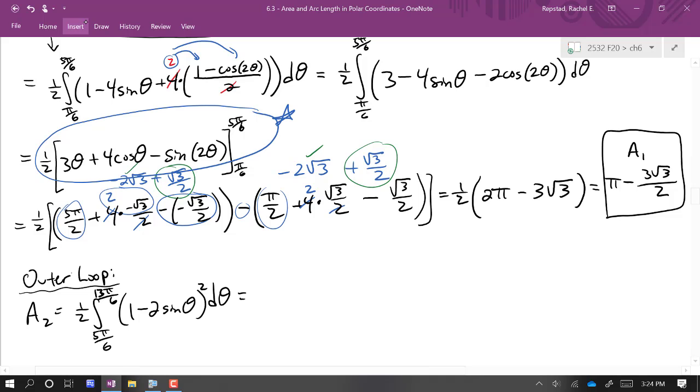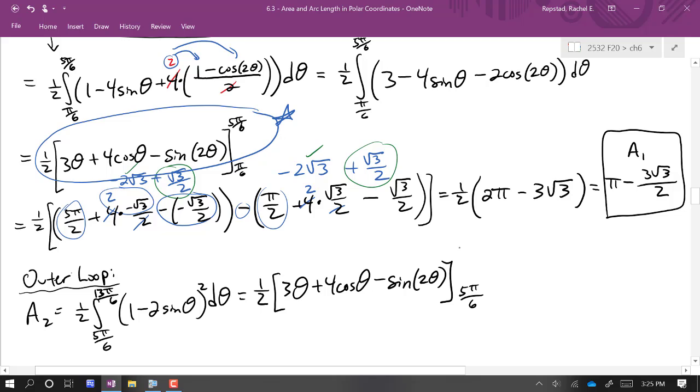And I'm just going to throw different limits on it. And if you go through and plug in all those limits, you'll find that A2 is equal to 2 pi plus 3 root 3 over 2.